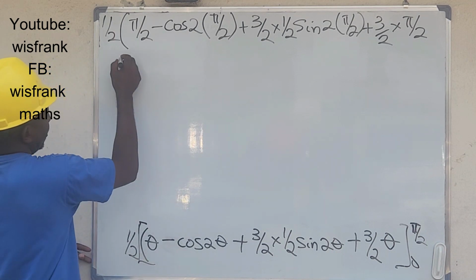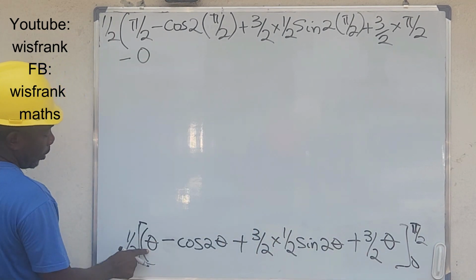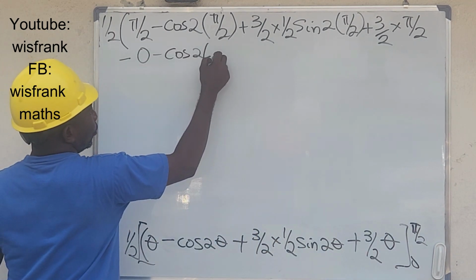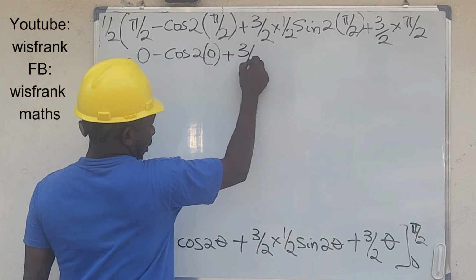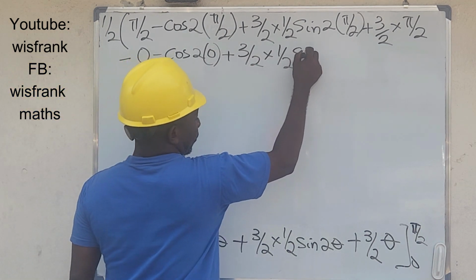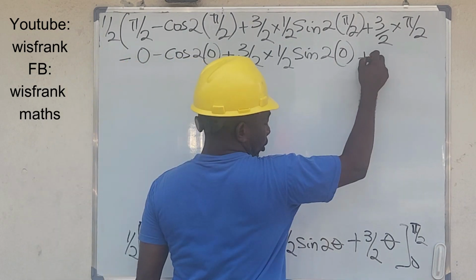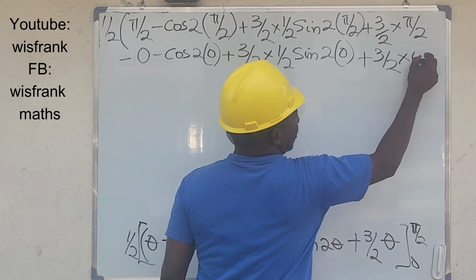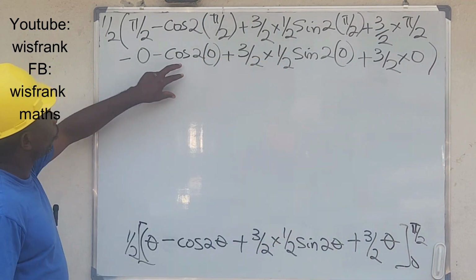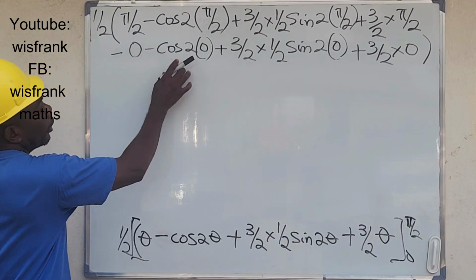Then minus for 0, we have for theta here we have 0 minus cos 2 times 0 plus 3 all over 2 times 1 all over 2 sine 2 times 0. Anywhere we have theta, we have put 0, plus 3 all over 2 times 0. Then this is what we are going to evaluate. So we can further simplify this.